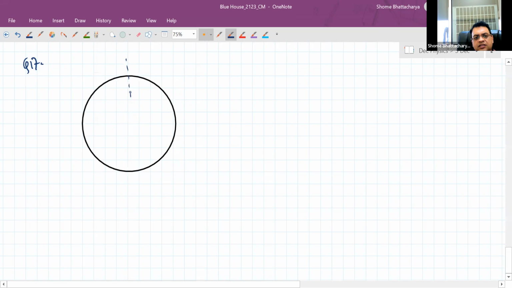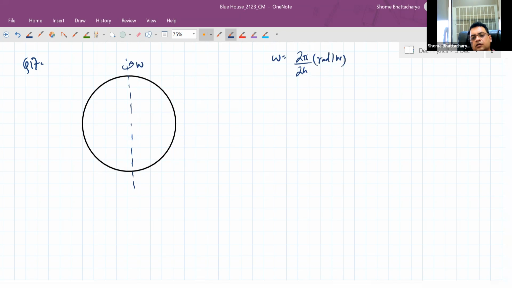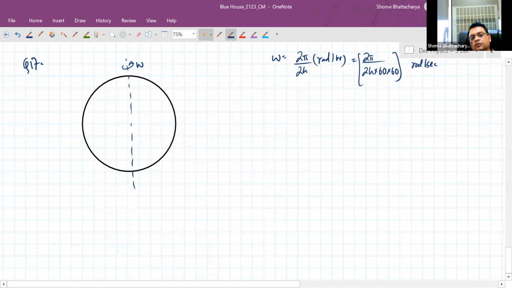If we consider this as the axis of rotation, the earth is rotating at an angular speed of one revolution in 24 hours. So if you convert this to the angular speed in radians per second.